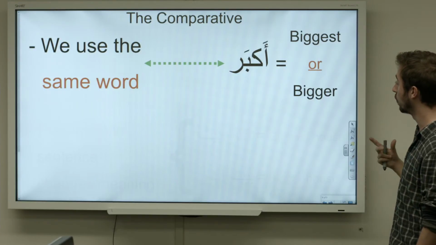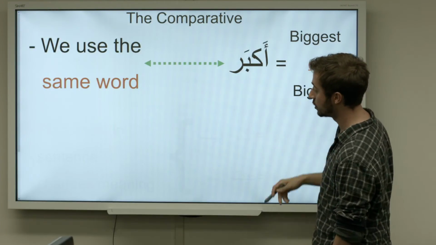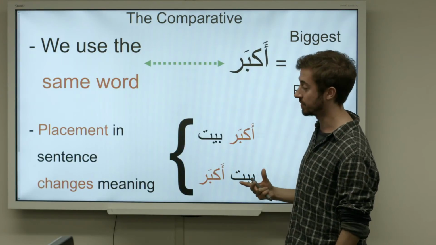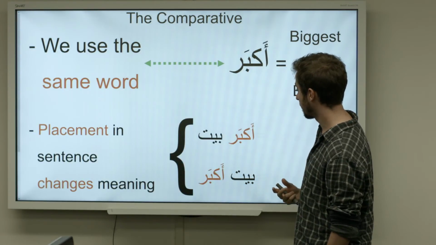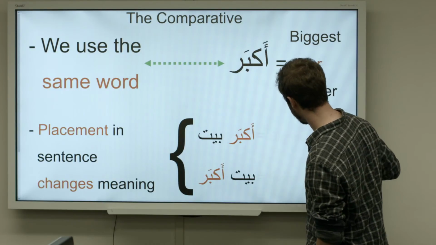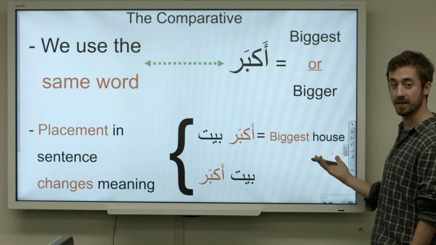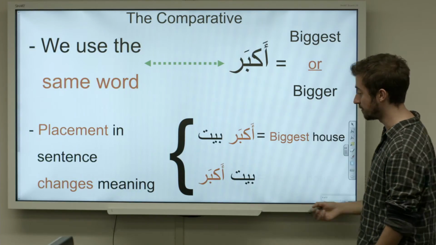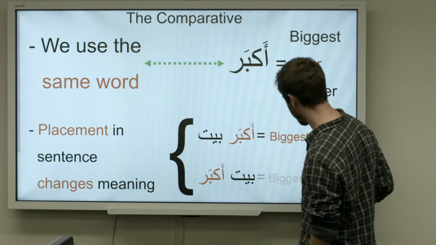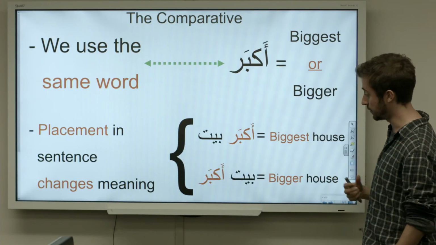The meaning of the word akbar changes depending on where you put it in the sentence, right? So, if we have it in the beginning, like akbar bayt, it means biggest house, and if we have it at the end, after bayt, the meaning changes to bigger house, right?